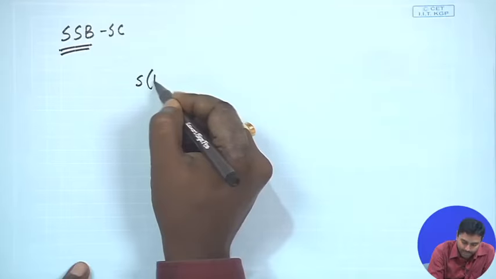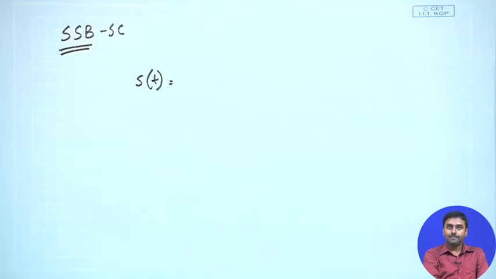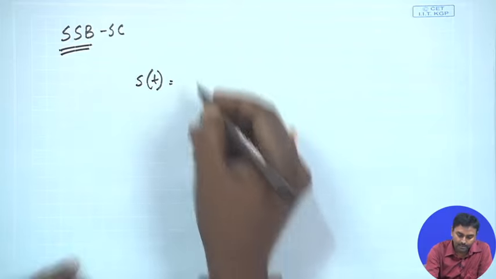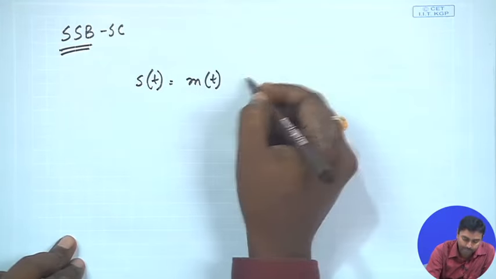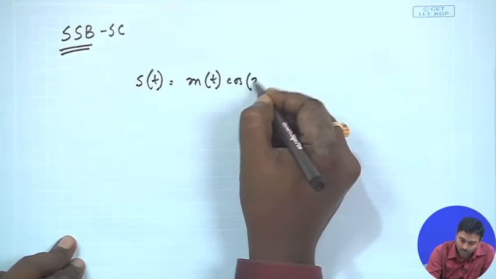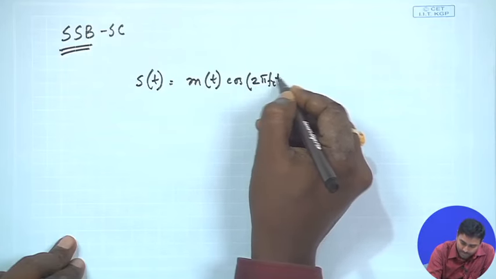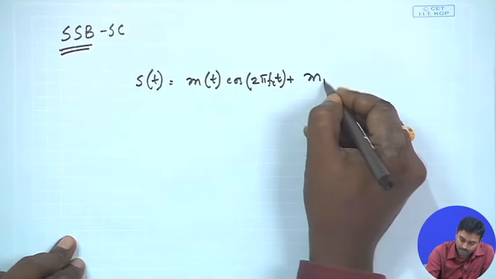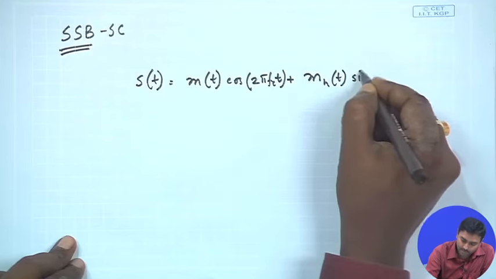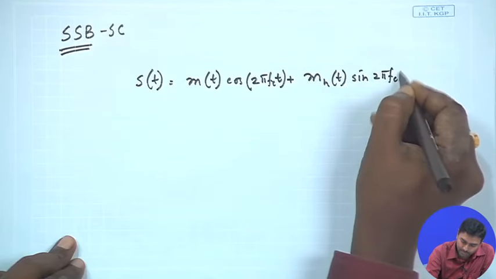Okay. So, for SSB, we again do a similar thing. We have to define a signal for SSB, which is nothing but m(t) cos 2π f_c t plus m_h(t) sin 2π f_c t.